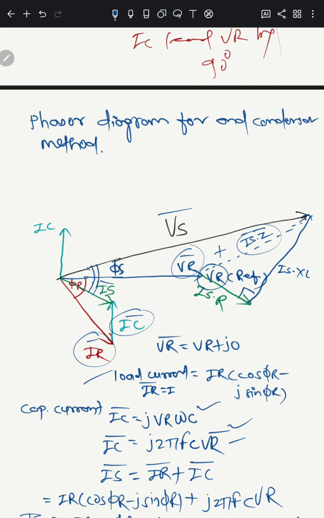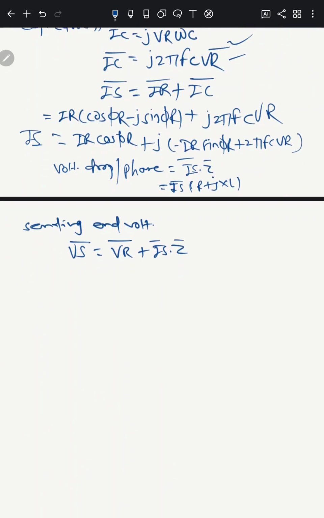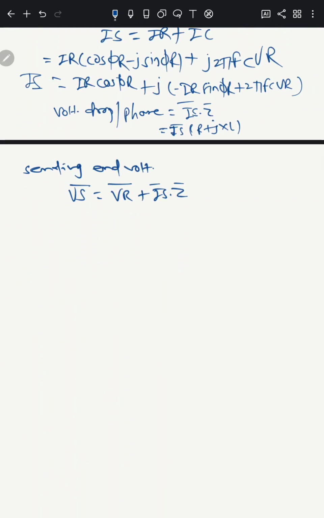So the vector sum of Vr and IS into Z is Vs. From this vector diagram we have written vector Vs equal to vector Vr plus vector IS into Z, where Z is R plus jXL. This is the sending end voltage Vs bar.